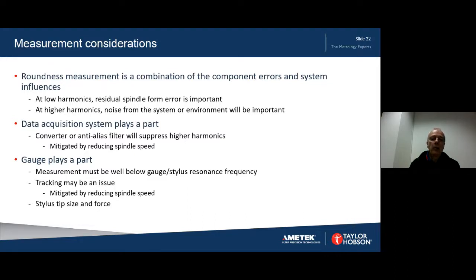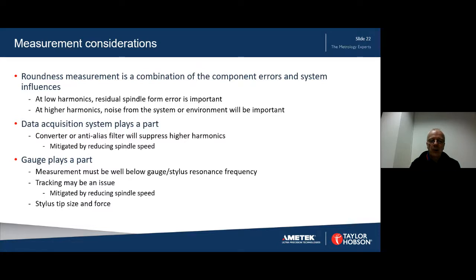At low harmonic numbers, for example 1 to 15 UPR, residual spindle form errors might be important. At higher frequencies, noise will be of more concern. Now, noise can arise from the measurement system or from the environment, particularly from floorborne vibration. Ideally, steps should be taken to isolate the instrument from such environmental influences.